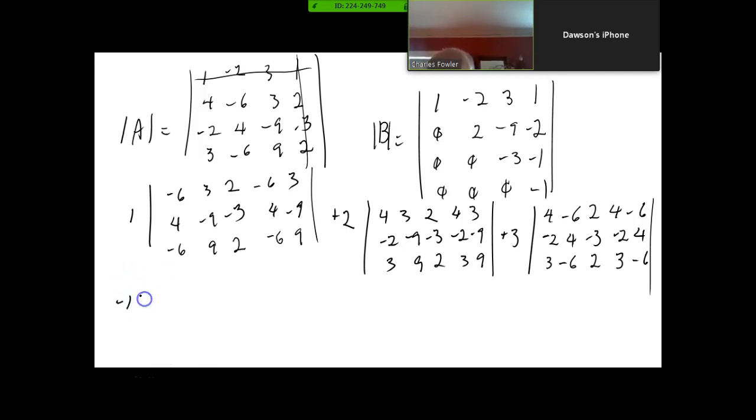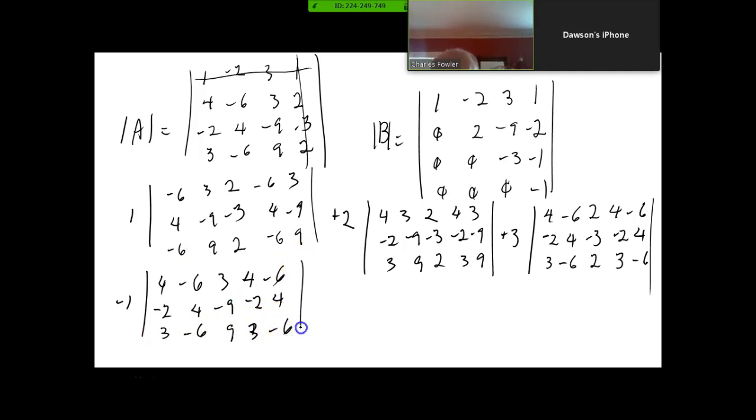It'll be a -1 times what's left: 4, -6, 3, 4, -6, -2, 4, -9, -2, 4, 3, -6, 9, oh, 3, -6. I almost wrote my 2 down there. All right.